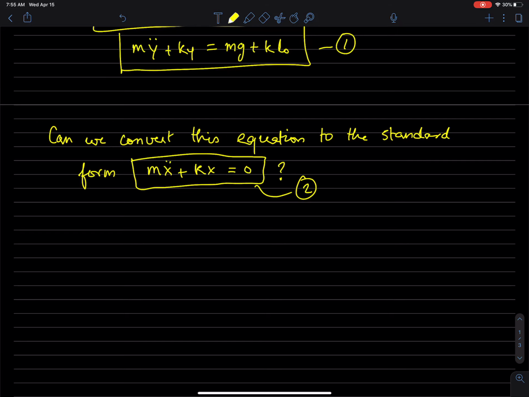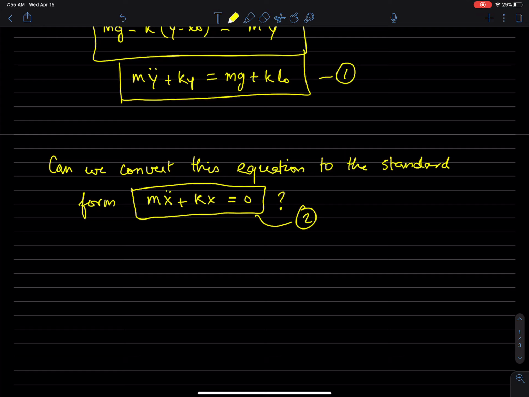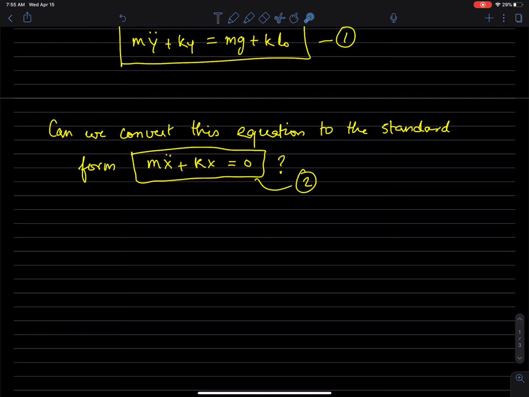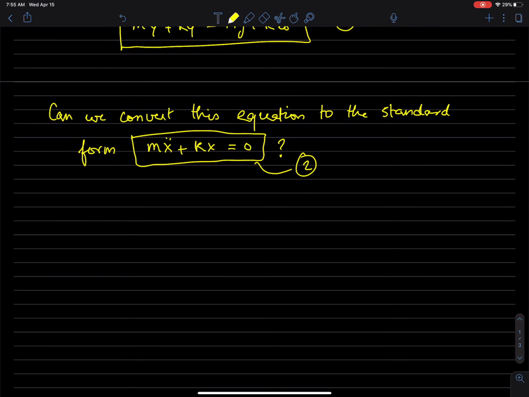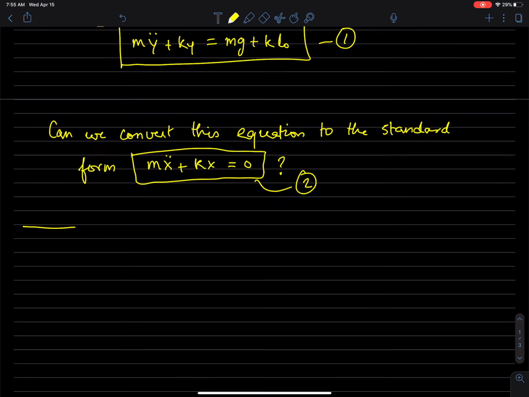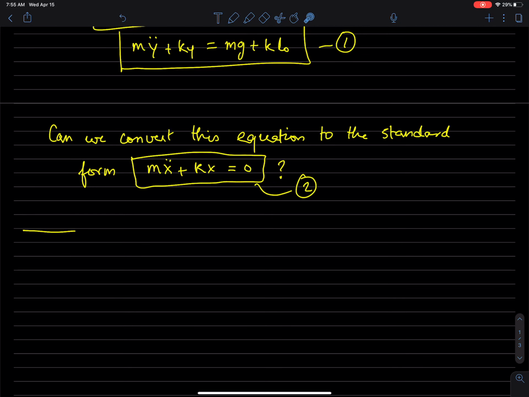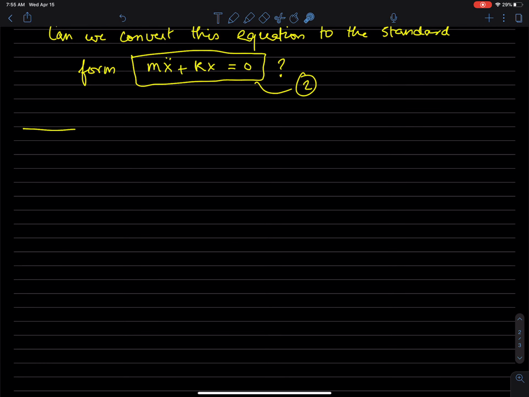So is there a transformation of variables? Can we define an x such that this becomes this? Okay, what is that thing? Let's think about it. Actually, let's first find something called the equilibrium position for this system. The equilibrium value of y, or static equilibrium value of y, from equation 1.